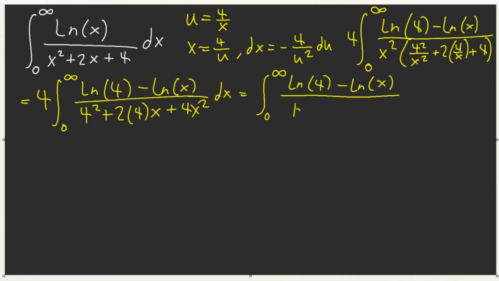And we have 4 plus 2x plus x squared, which is exactly what we have.